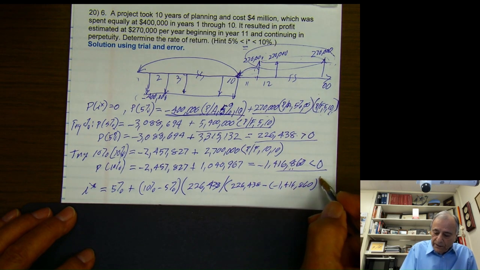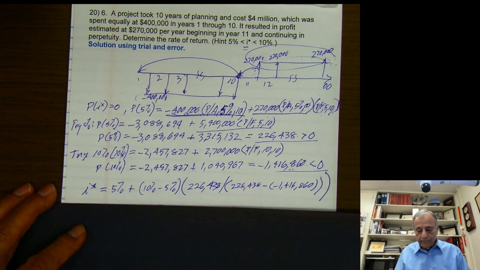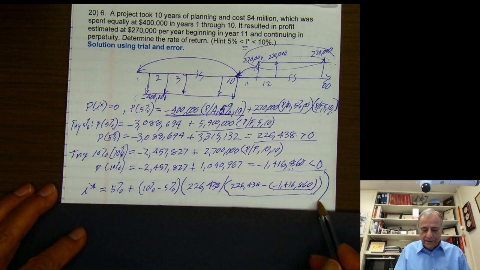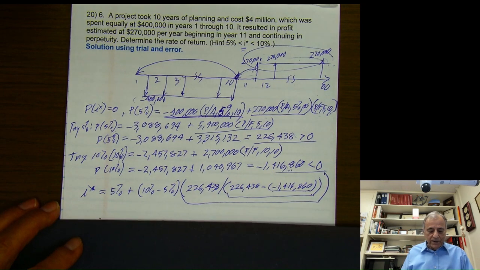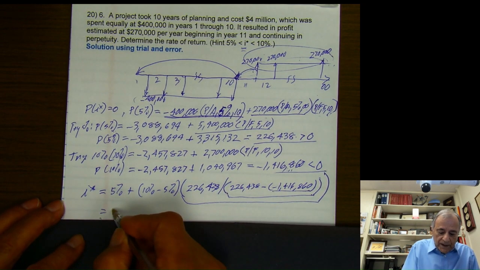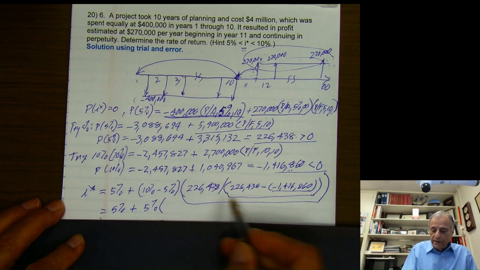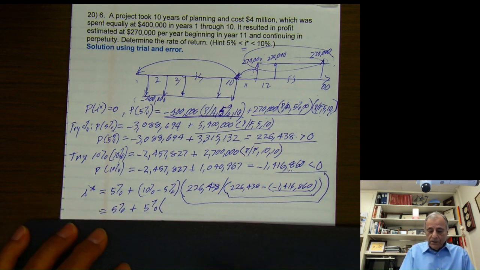This is all in the denominator like that, okay? And this closes this parentheses, this closes this parentheses, and this closes that parentheses. So now I'm going to have 5% plus, this is 5%, times this ratio. Turns out that that ratio is pretty small.